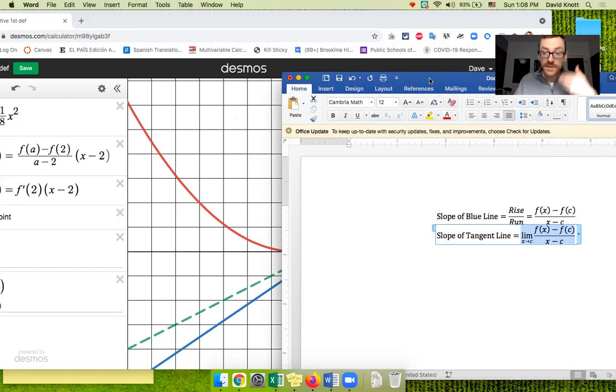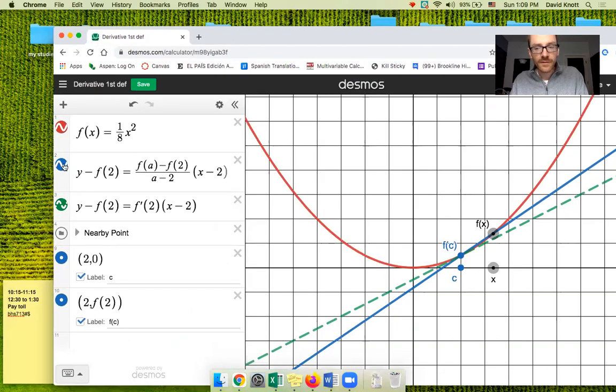So what this is telling you is that the instantaneous rate of change of this function at the point c is actually the same as the slope of the tangent line at c. So I said that I was going to give another interpretation of this notion of instantaneous rate of change, and here it is. Instantaneous rate of change can also be interpreted as the slope of the tangent line at that point.